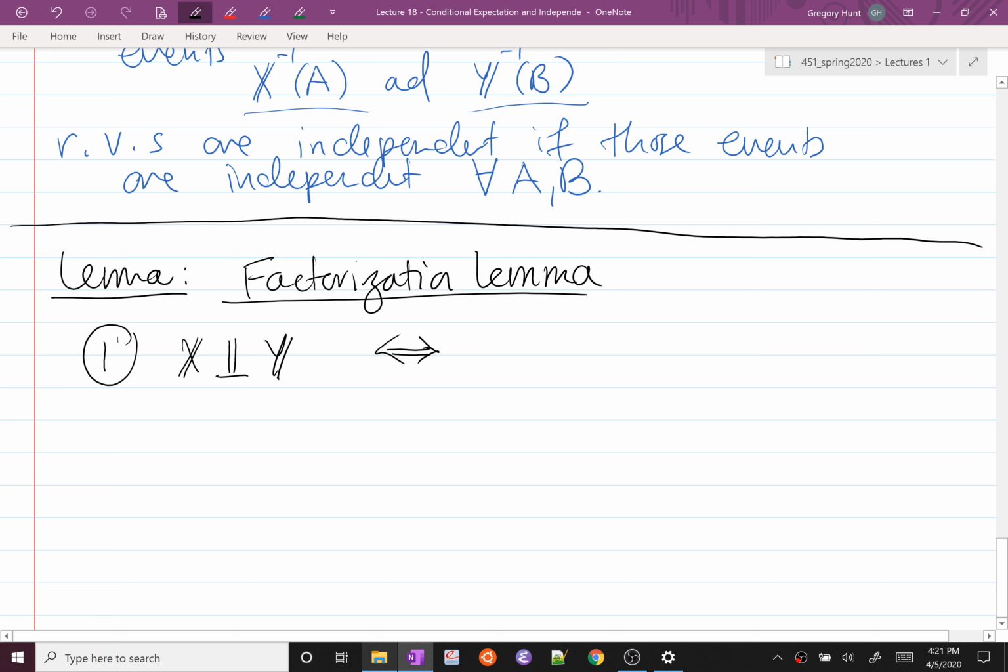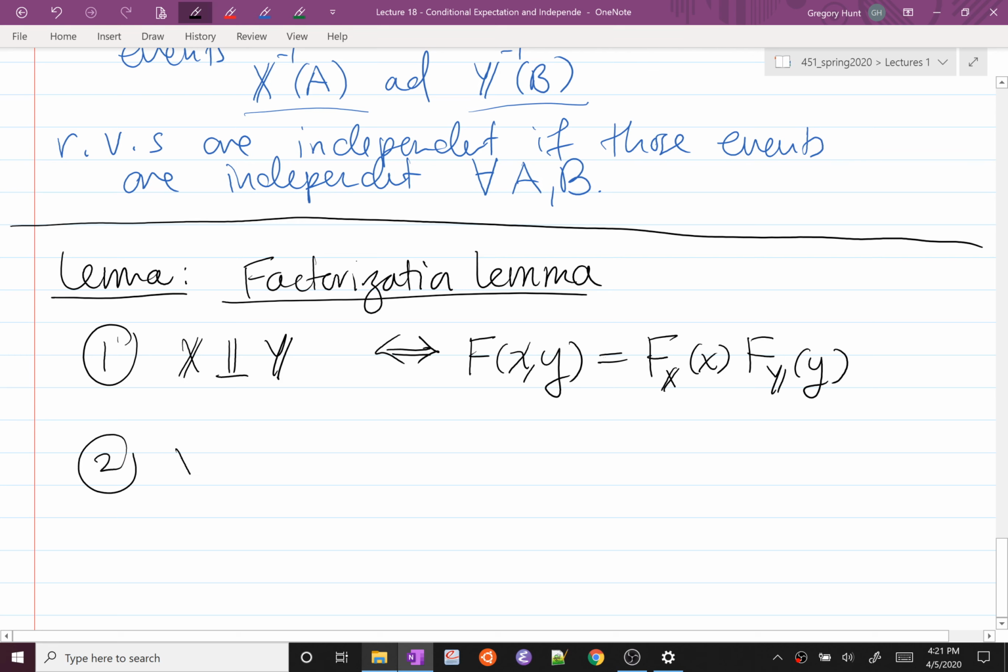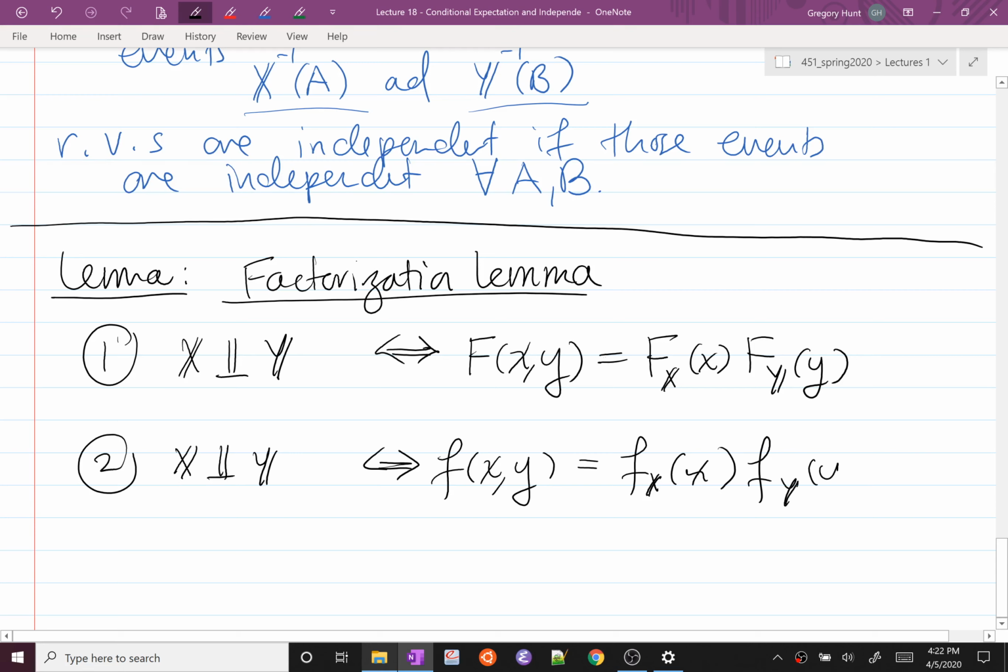If and only if I take my joint CDF, and I can factor my joint CDF into the product of the marginal CDFs. Or x is independent of y if and only if my joint PMF or PDF factors into the marginal PMFs or PDFs.